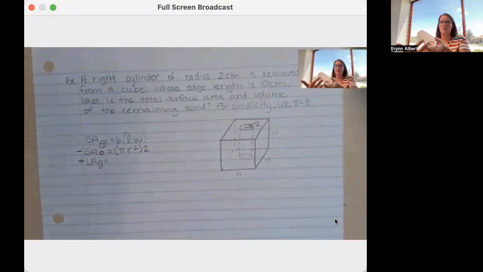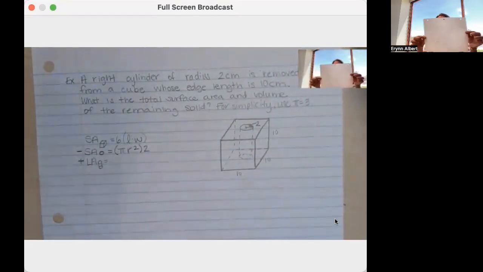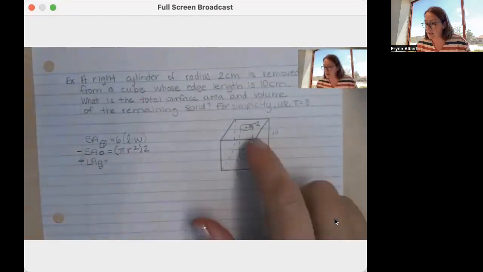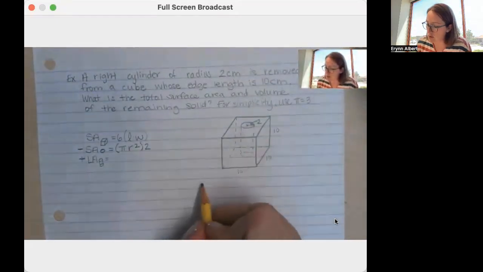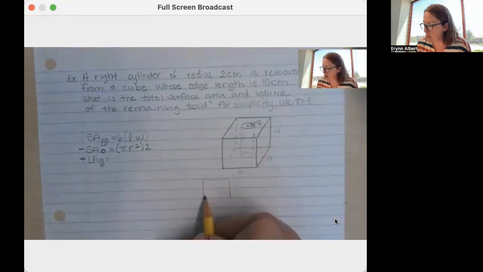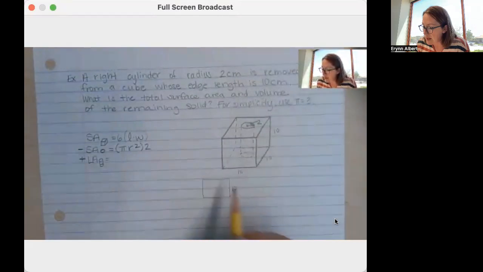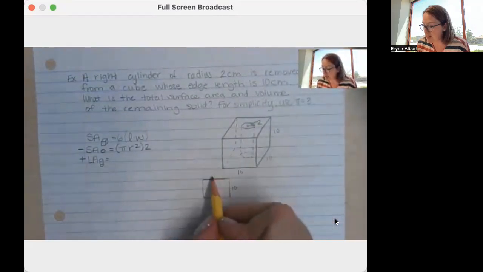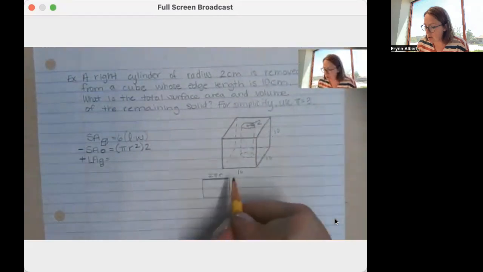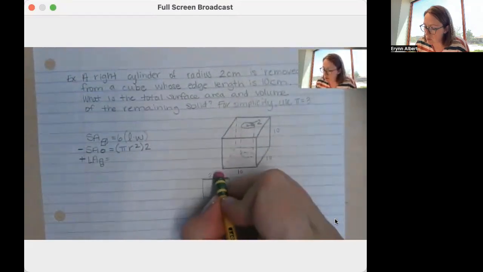So it's the distance around my circle, which is also known as the circumference. Let's draw this down here so you can see it a little better. I would have the height of my cylinder, and then this length here is going to be the circumference of that circle, which is 2 pi radius, which is 2, right? So I'm just going to make that a 2.